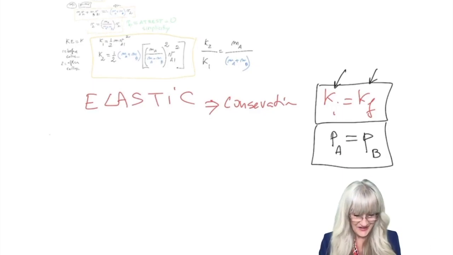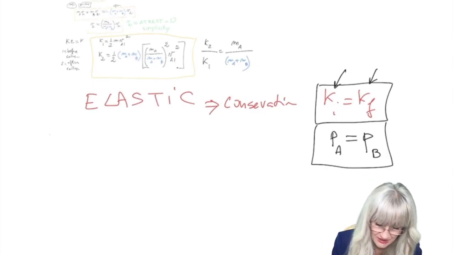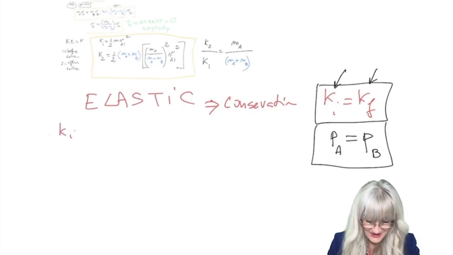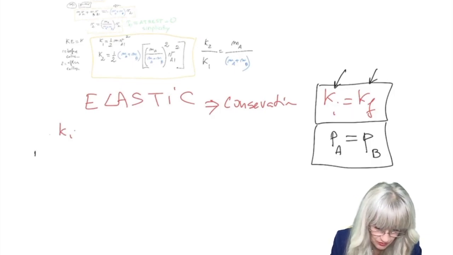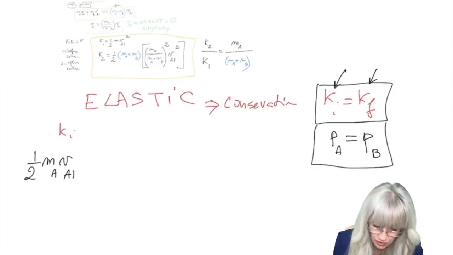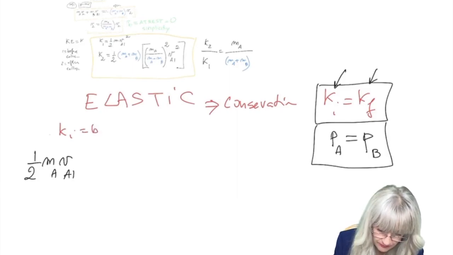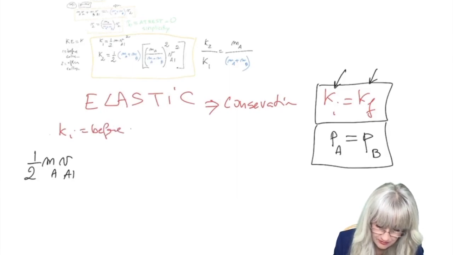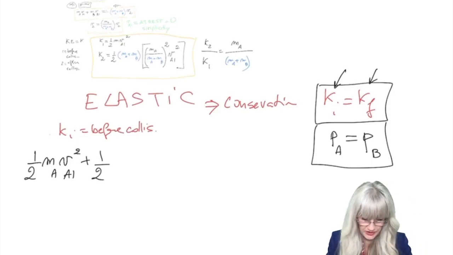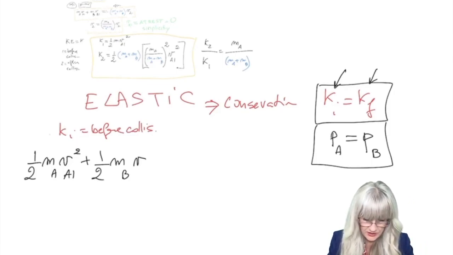All right, let's spell it out. Kinetic energy initial, I'm going to put it here. What does it mean? It's going to be 1/2 mass of body A, velocity A in stage 1 before the collision squared. Then I'm going to add the kinetic energy of body B, velocity of B before the collision.